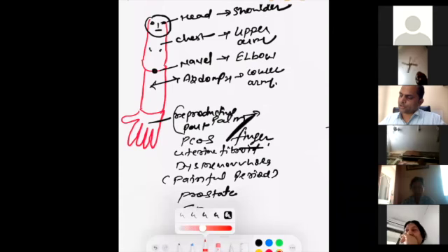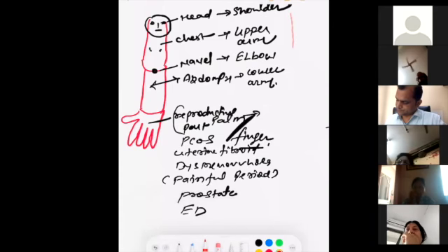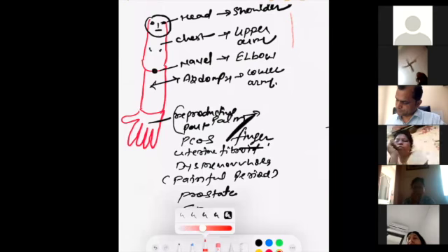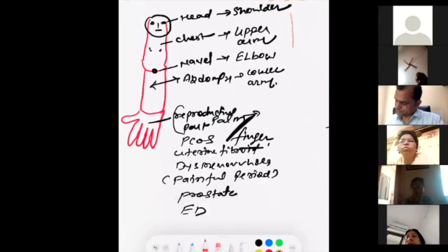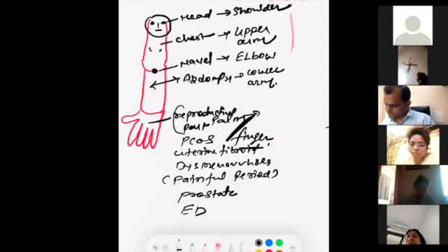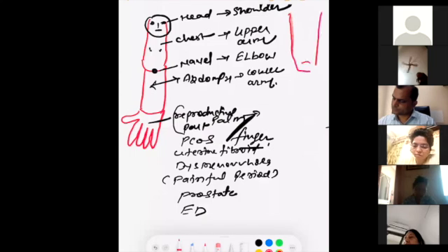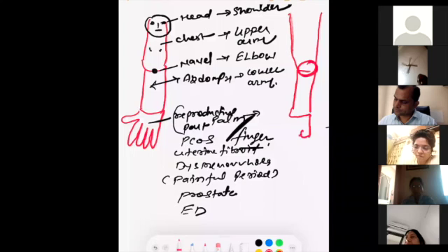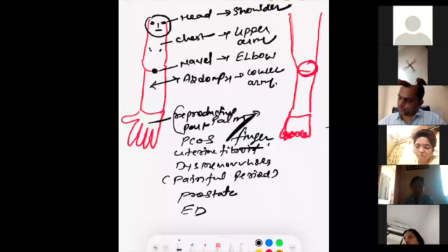Now, if we draw a complete leg, so suppose this is the complete leg. The knee joint, lower leg, and we can do the imagination of whole body here.